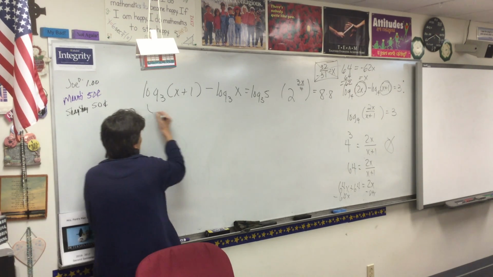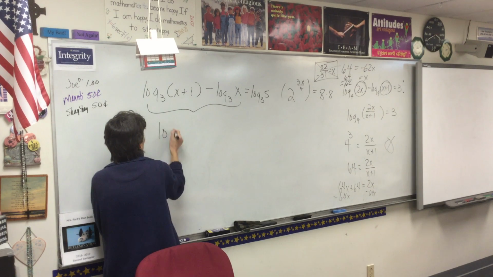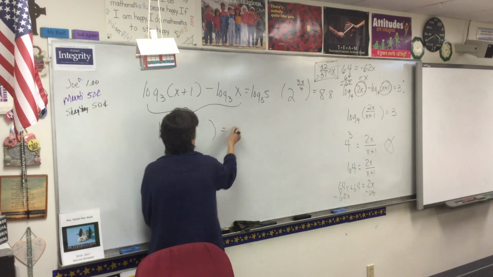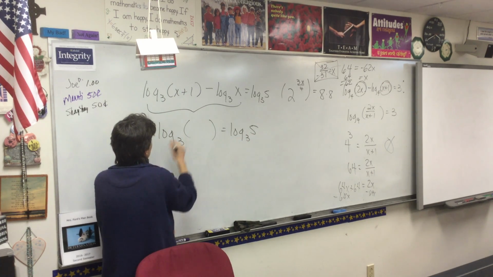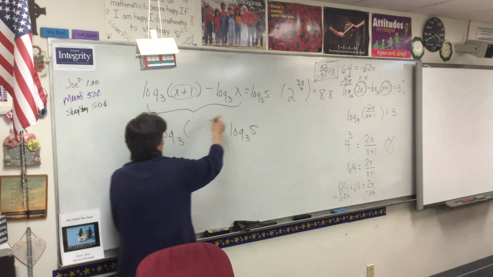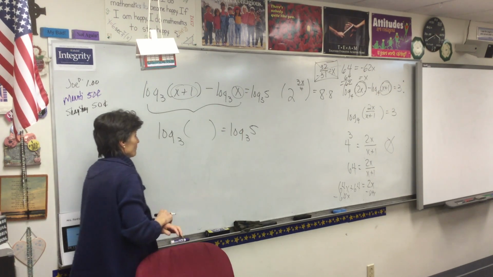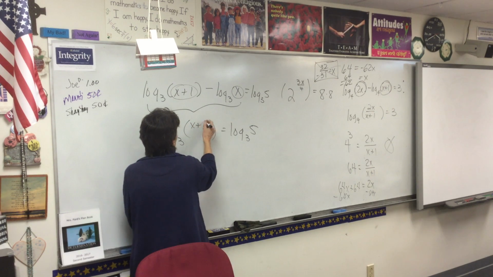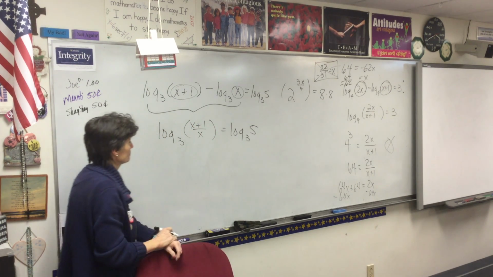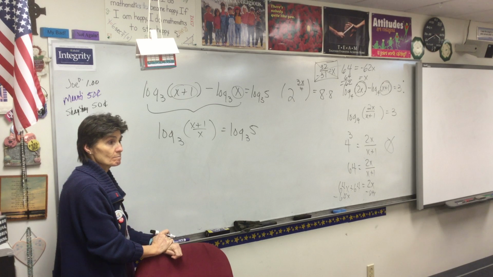Yep, these have to be put together. So again, we're going to have one log over here. Somehow I have to combine the x plus 1 and the x. X plus 1 over x. Would you agree, class? Yeah.